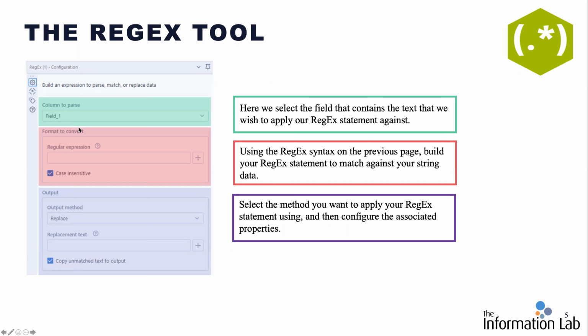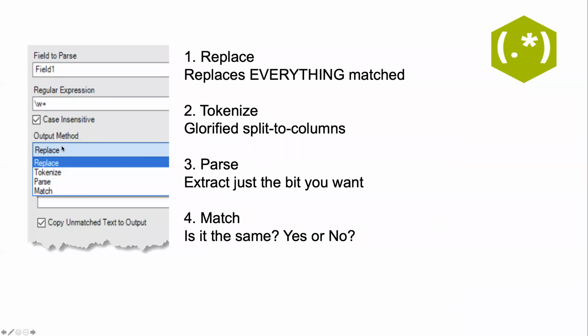Then in the regular expression field, you will write the regex syntax that will match against your string data. And in the output, at the bottom, you select the method you want to apply your regex statement. There are 4 methods that you can apply.